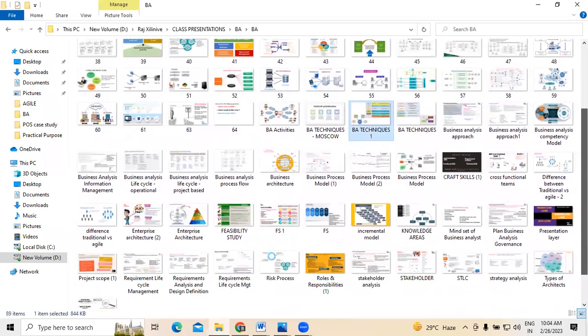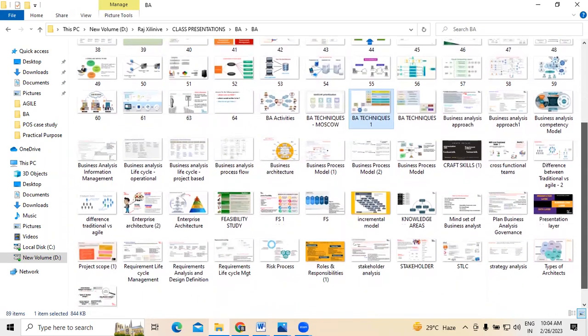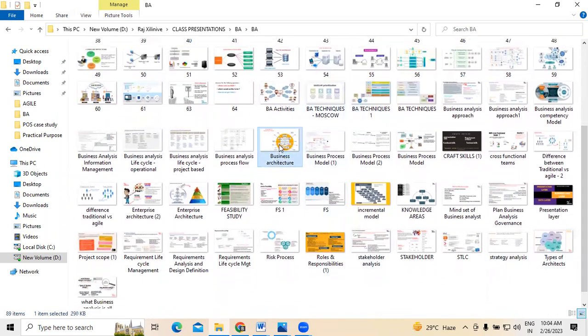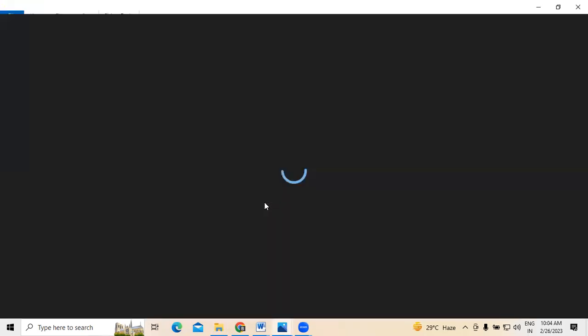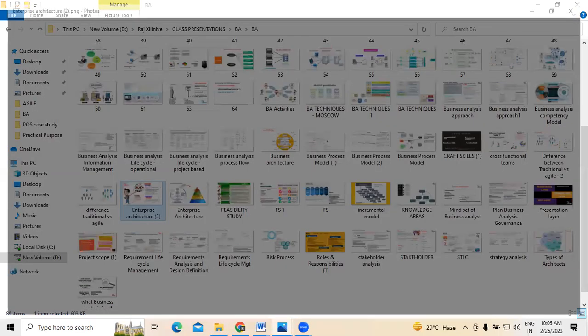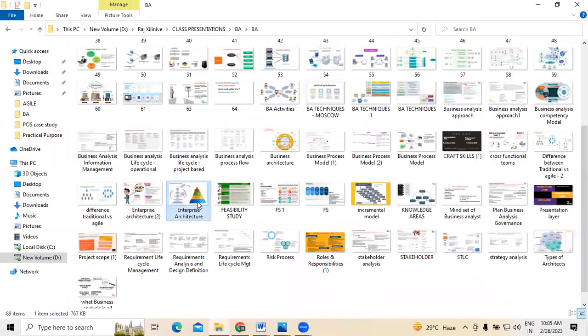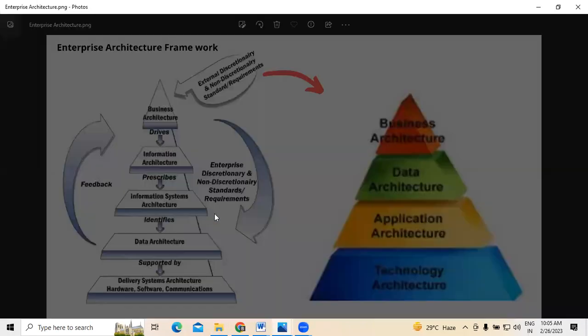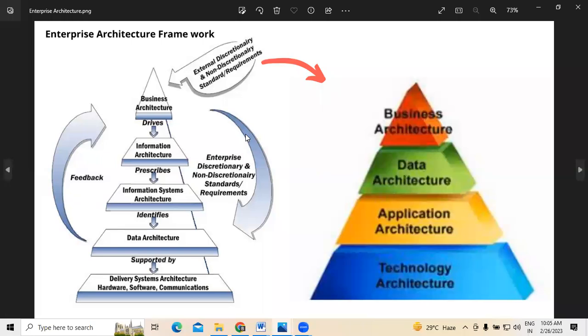Because these are the things which are useful when I'm giving agile training also. Yeah, let me explain the business architecture. Yeah, I can explain. Yeah, right. So this can be one, right?